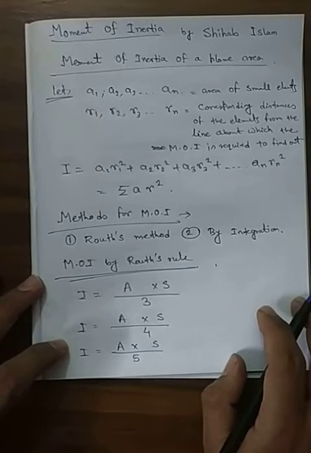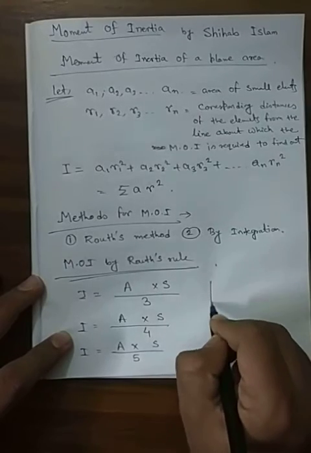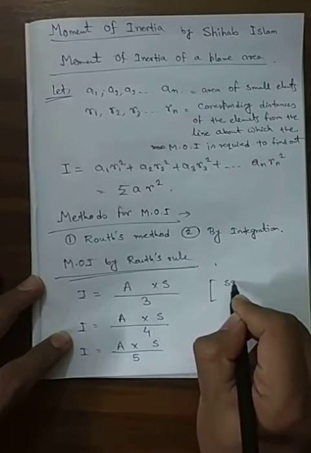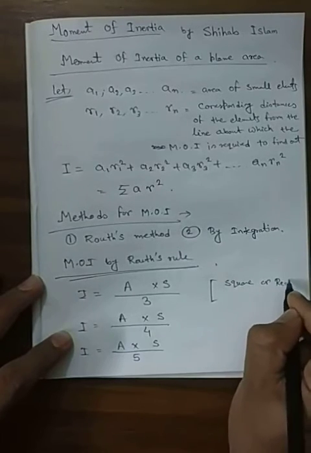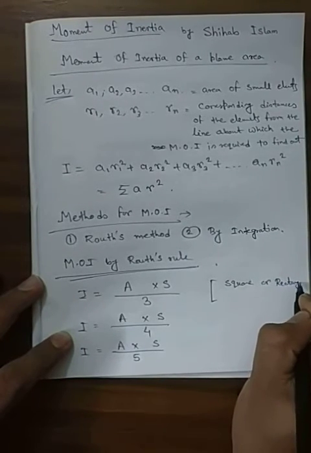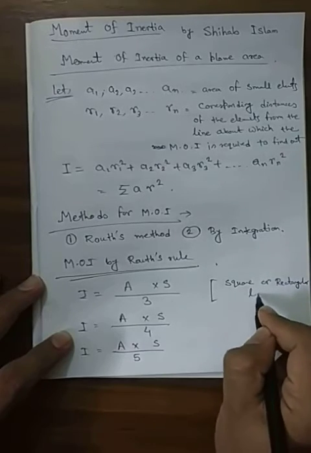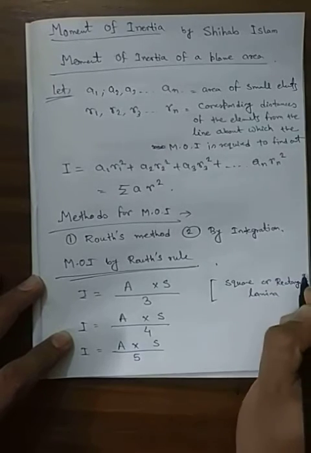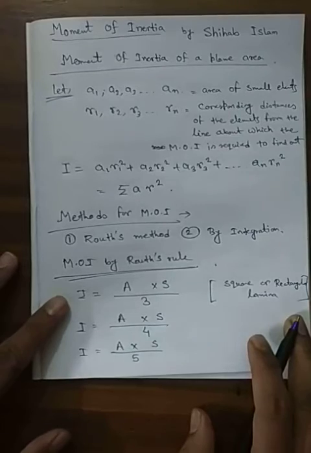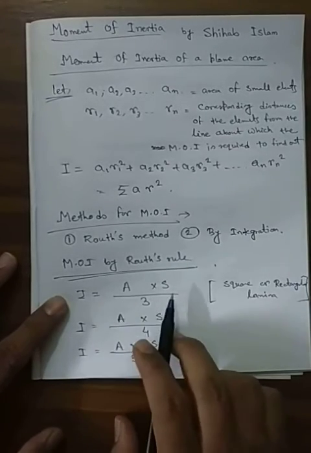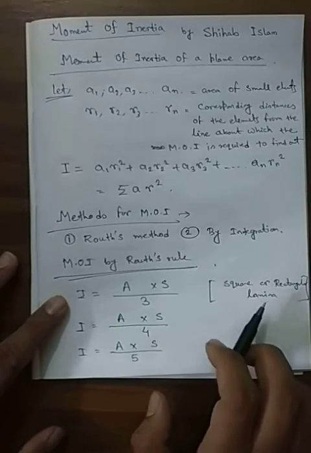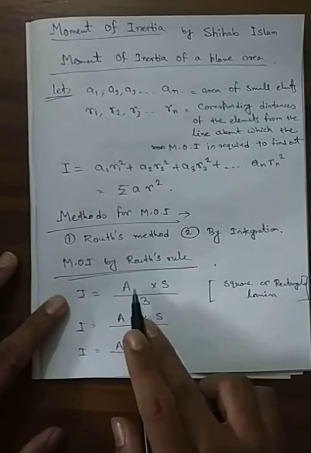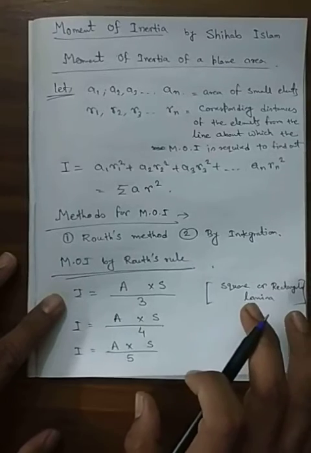So for which cases should which formula be applied? The first one, A into S divided by 3, is for a square or rectangular lamina or section. Now what is A? A is nothing but the area of the plane area.